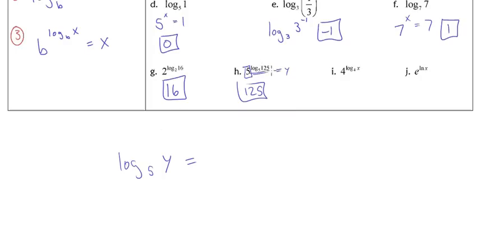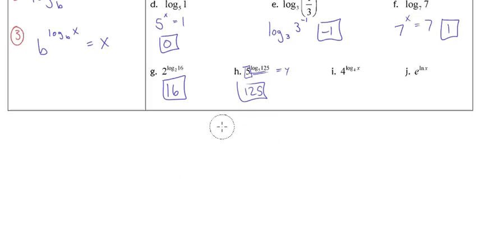Now what is the exponent? Well, it's log base 5 of 125. And so log base 5 of y is equal to log base 5 of 125, whatever these two numbers are, they've got to be the same. So our answer is 125.